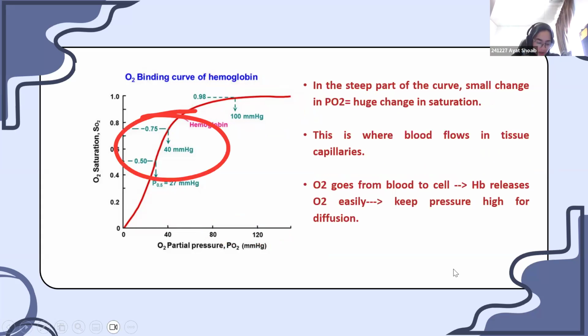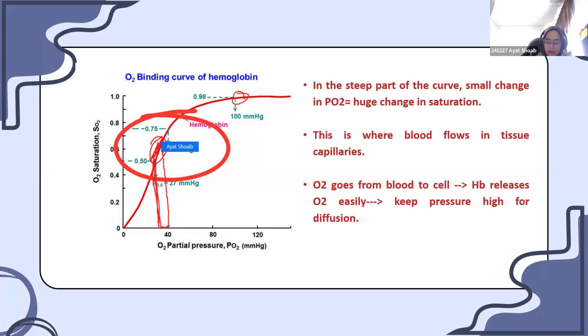Okay, in the steep part of the curve, a small change in PO2 is a huge change in saturation. Because as you can see over here, at this partial pressure the saturation is this much. But if I increase it to 40, it increases by this much. So unlike here, which is flat and there is not really much change, here there is a big change.